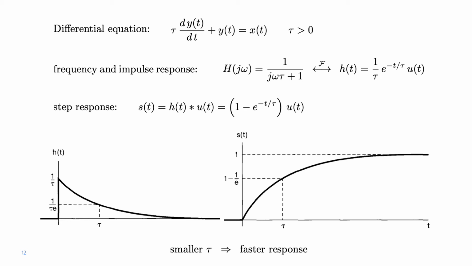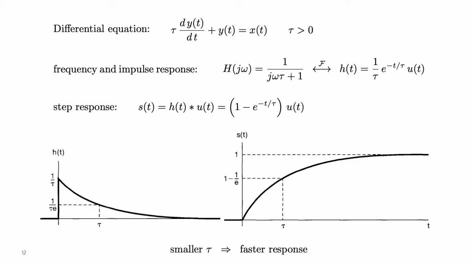It doesn't go up from 0 to 1 instantly like the step. Right, so we notice from these figures that the smaller the value of tau, the faster the response of the system. Yeah, because for the impulse response, a smaller tau corresponds to a response h of t that decays faster, and also it has a higher peak because the maximum value is 1 over tau.